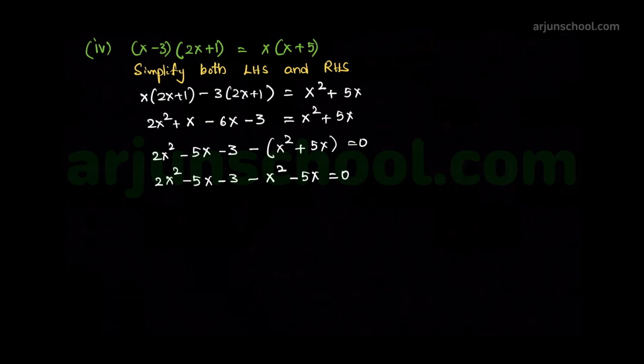Let us simplify. 2x square minus x square becomes x square, and minus 5x and minus 5x becomes minus 10x, and minus 3 remains as is. Therefore the final equation is x square minus 10x minus 3 is equal to 0. The highest power of variable x in this equation is 2. Therefore it is a quadratic equation.